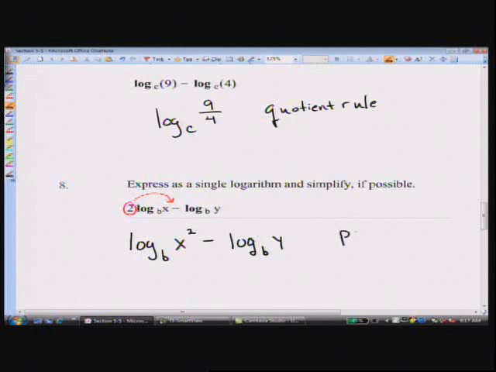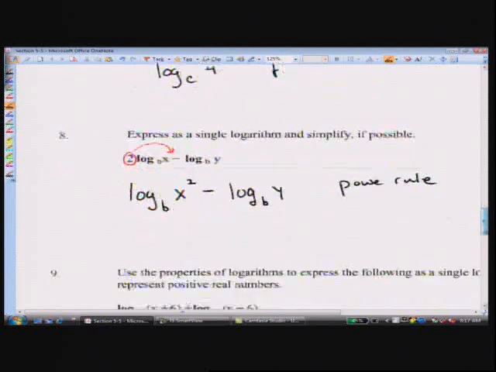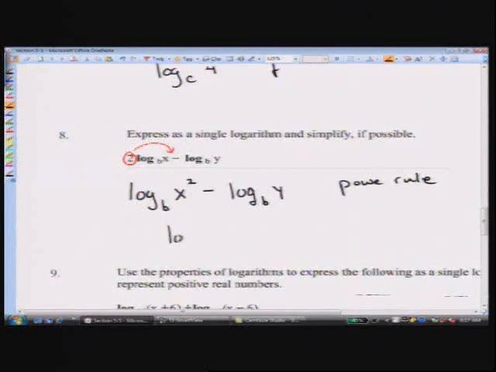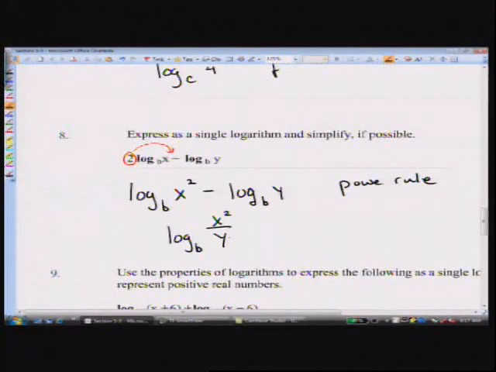That was the power rule, kind of in reverse from how we looked at it before. Now, apply the quotient rule and tell me what we'll get. Would it be log b then the x squared over y? Good. X squared over y. So that is the quotient rule.